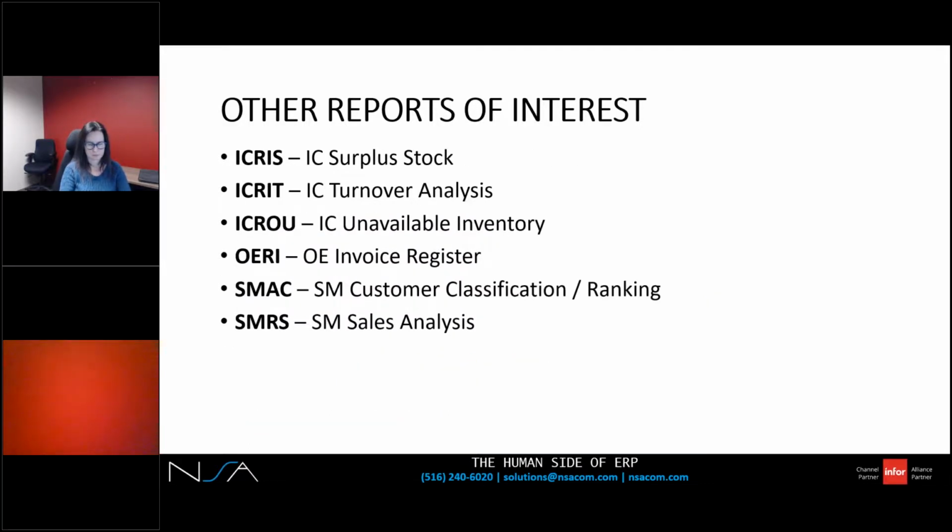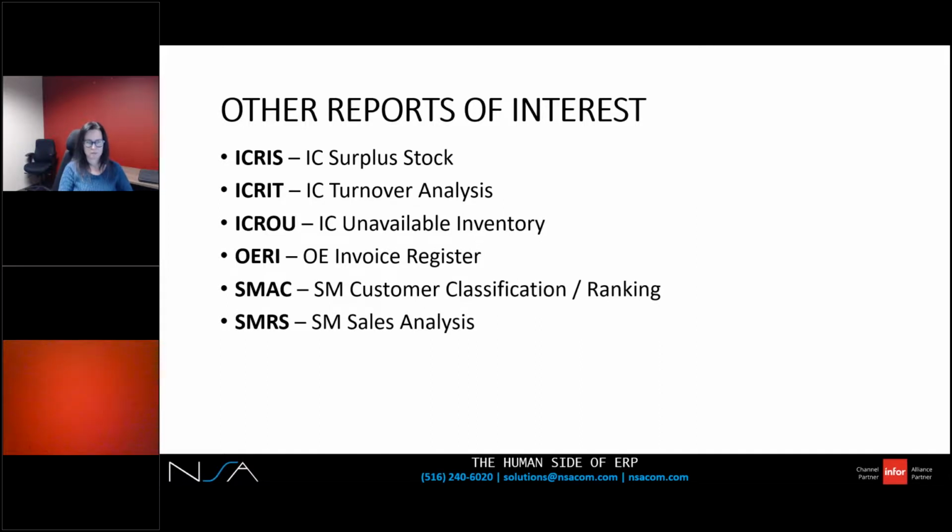Now flipping over to the inventory and sales side, we have the IC surplus stock report. Now these may be reviewed by operations, but often accounting is pulled in to take a look at these, or wants to do their own analysis, or is managing the inventory management team.